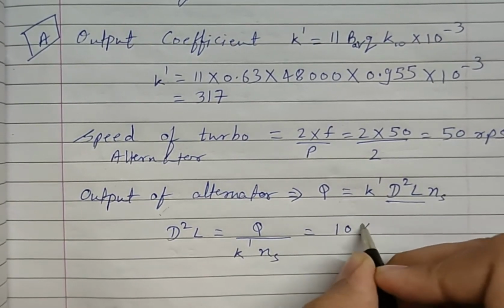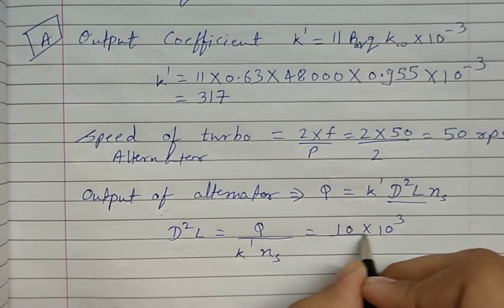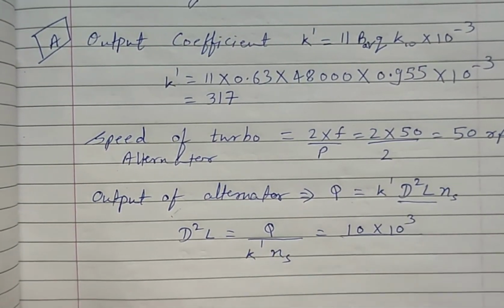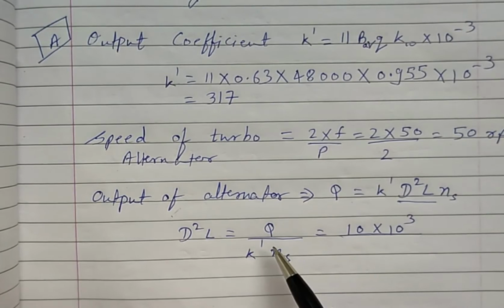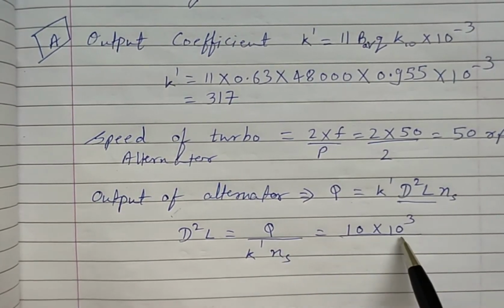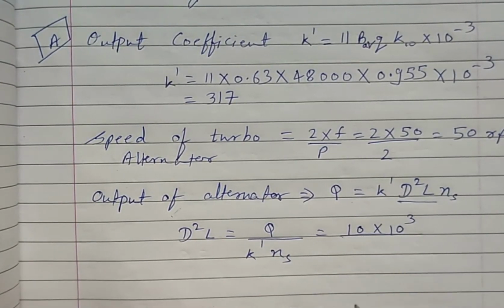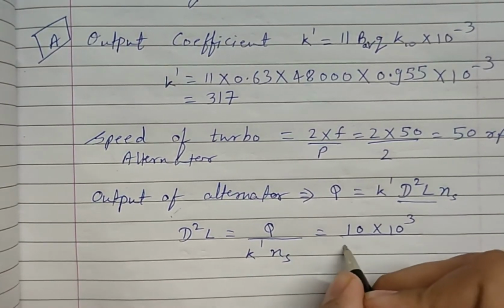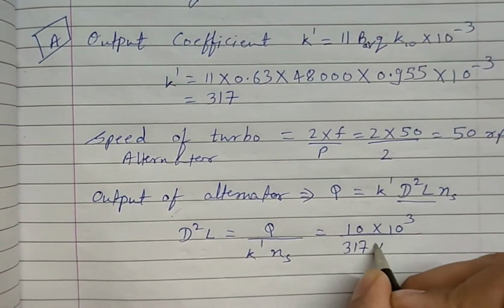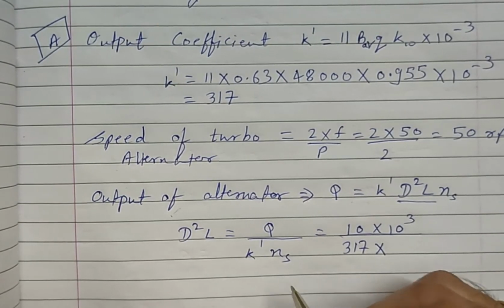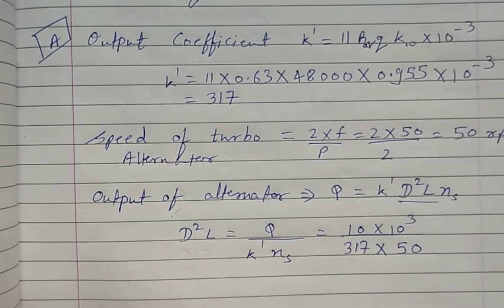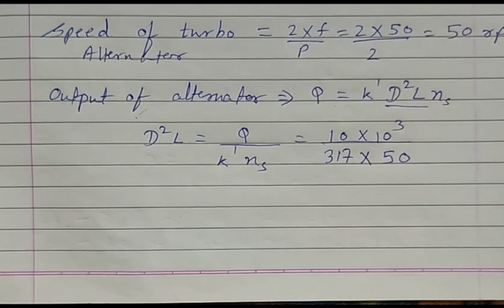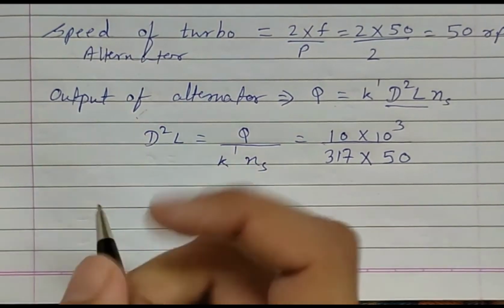So 10 multiplied by 10 raised to 3, because Q is always taken in kVA, divided by my value of K dash as calculated, 317, and the value of Ns, that is the speed of the alternator, given as 50 RPS.